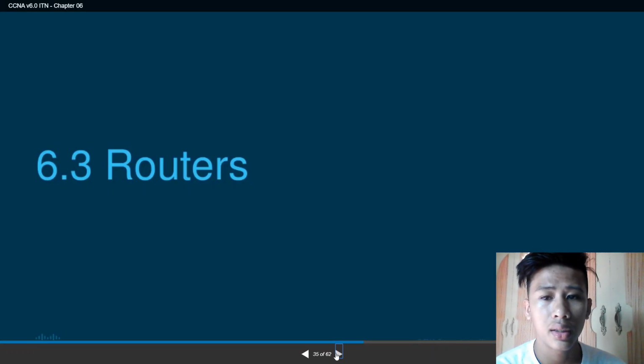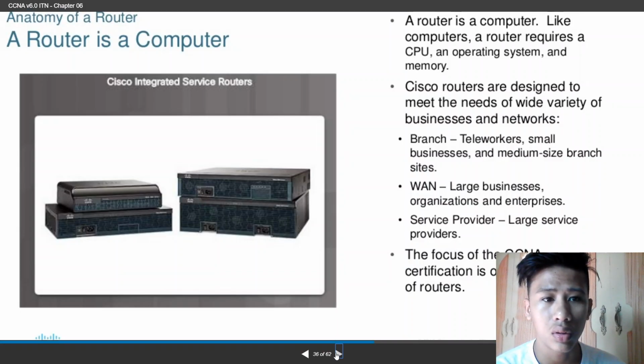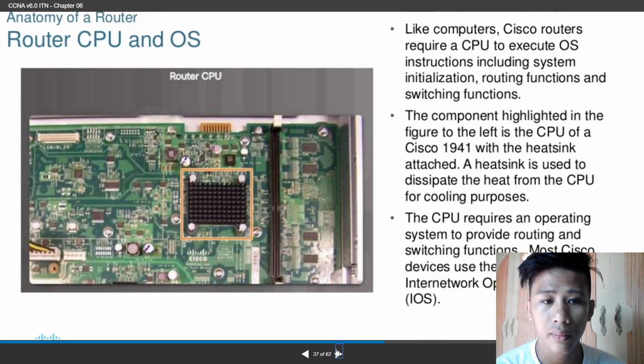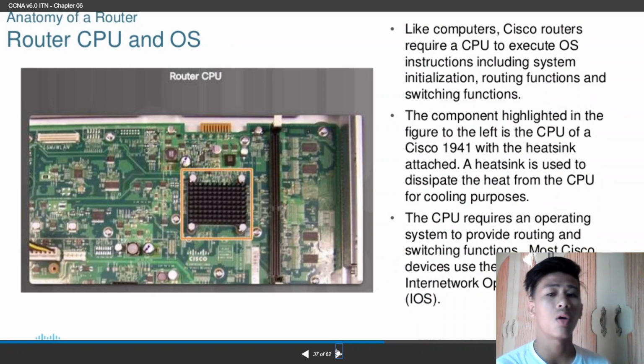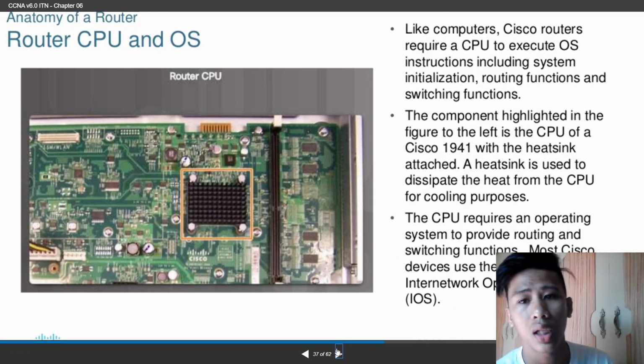Is a router a computer? Like computers, a router requires a CPU, an operating system, and memory.